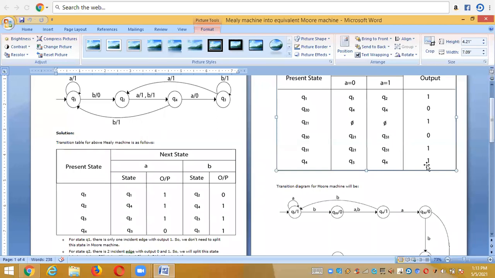Right? Is it clear? This is the way of representing a table from the Mealy machine. That means we convert it to its equivalent Moore machine now.